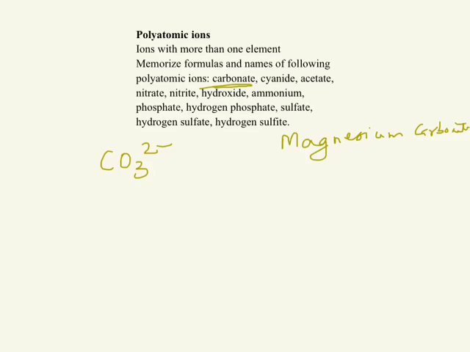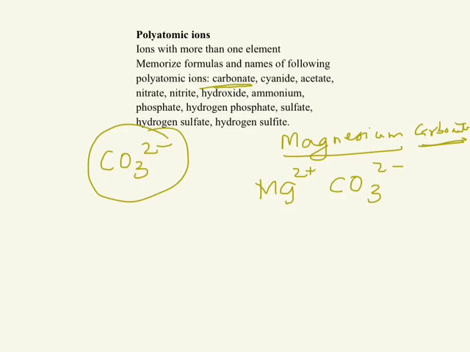Magnesium, a 2nd A group metal, has a 2 plus charge. Carbonate is CO3 2 minus, and you have to memorize this. The 2 plus cancels with the 2 minus, and the formula will be MgCO3. Since CO3 2 minus is known as carbonate, the name will be magnesium carbonate.